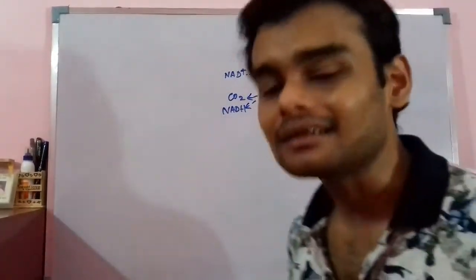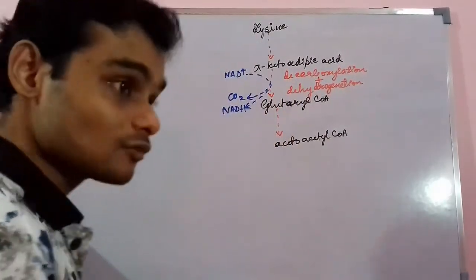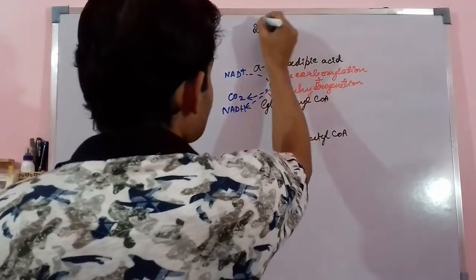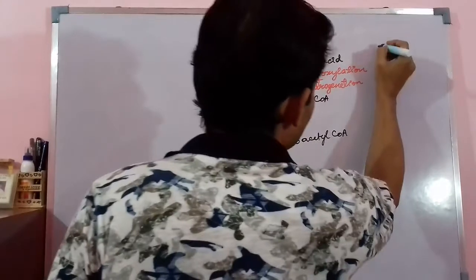Now what are the other amino acids that lead to the formation of acetoacetyl-CoA? This acetoacetyl-CoA is also formed from another amino acid. Here lysine is one of the amino acids. Now another amino acid is phenylalanine.